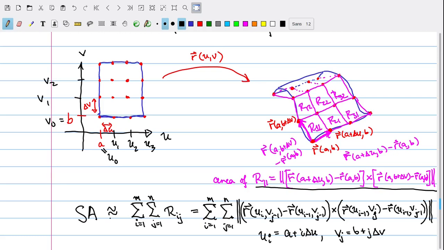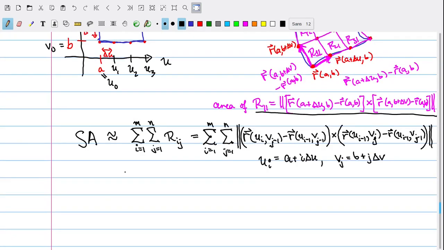And this gives me a good approximation for the surface area, which gets better and better as I let the grid become finer and finer, so I use more and more quilt patches.